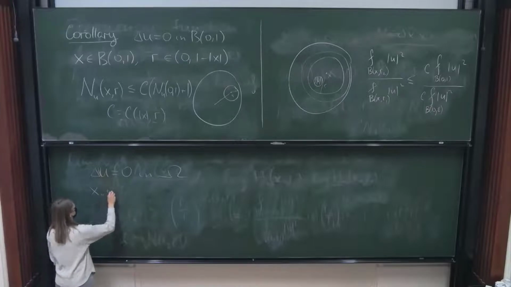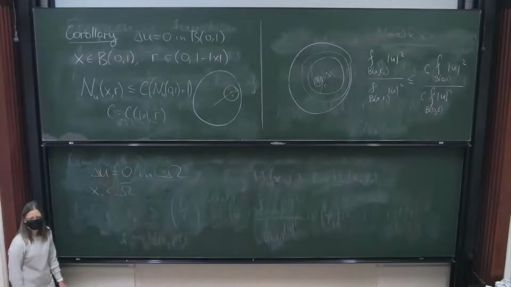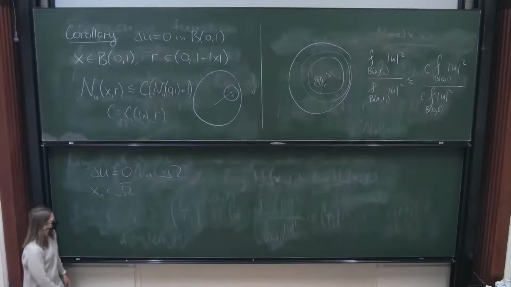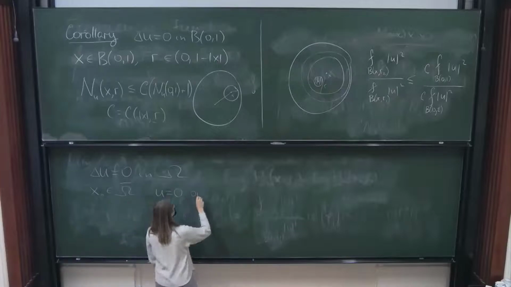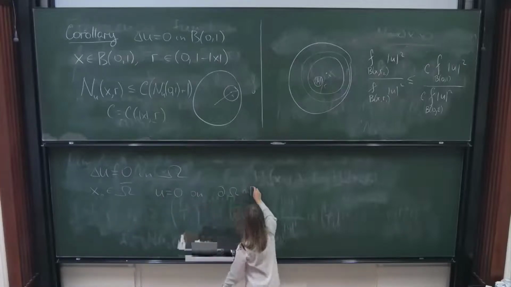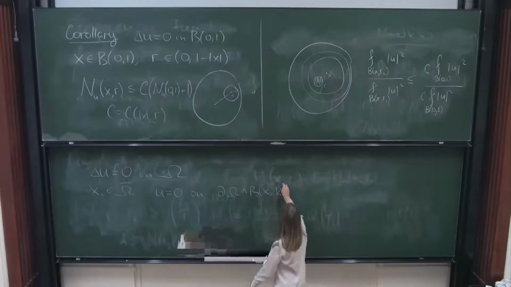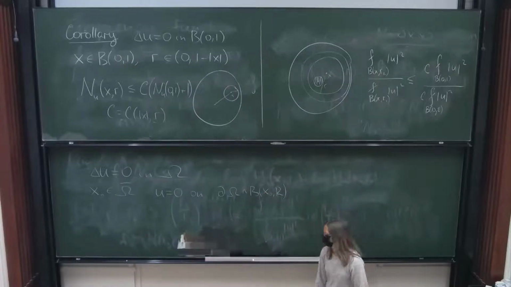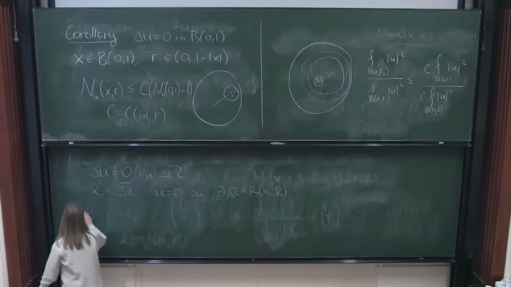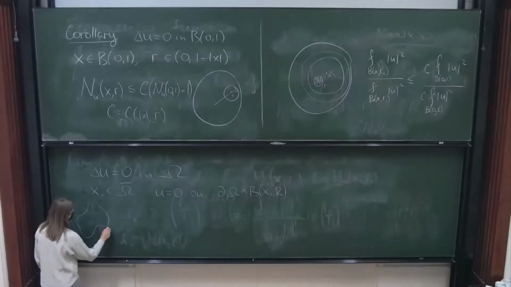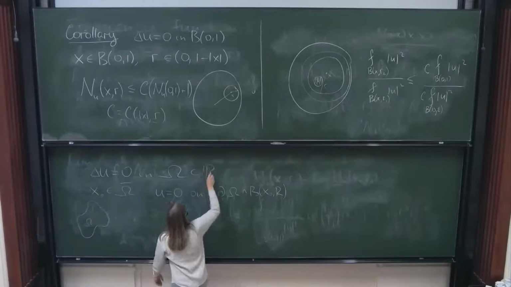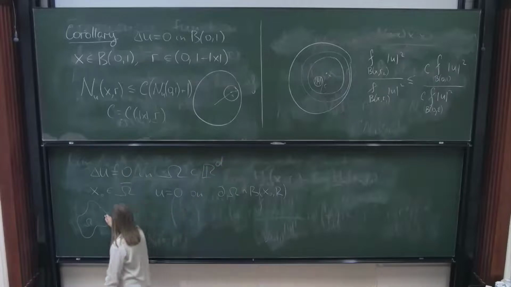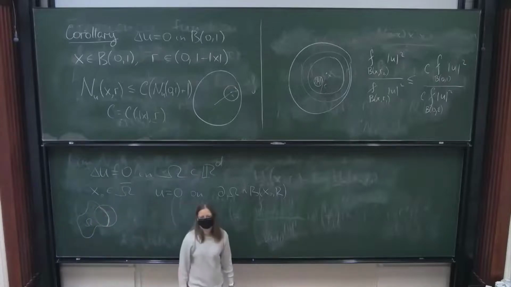I'll take x0 that is in this domain on the boundary, and now assume that function u is 0 on the part of the boundary inside the ball. I have a ball and we know the function vanishes here.